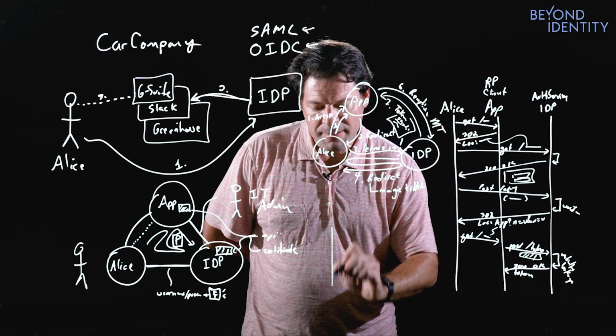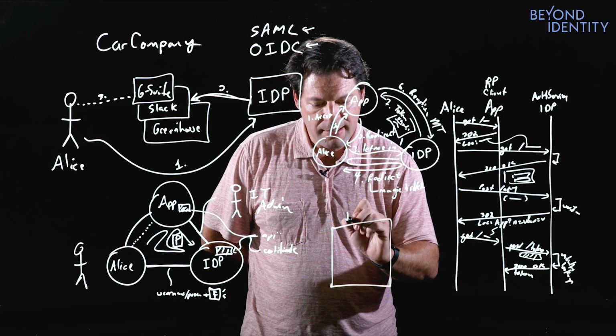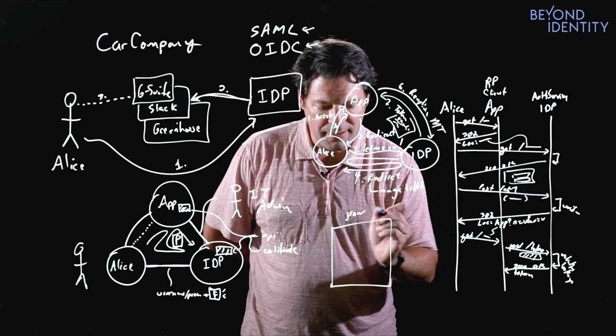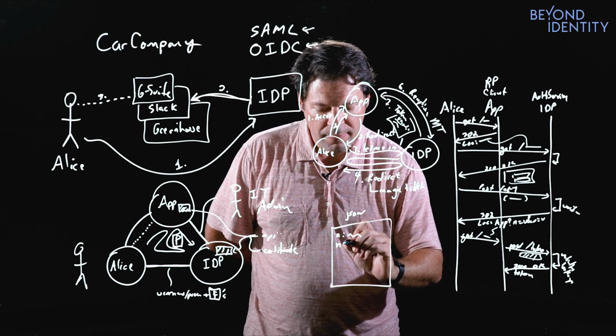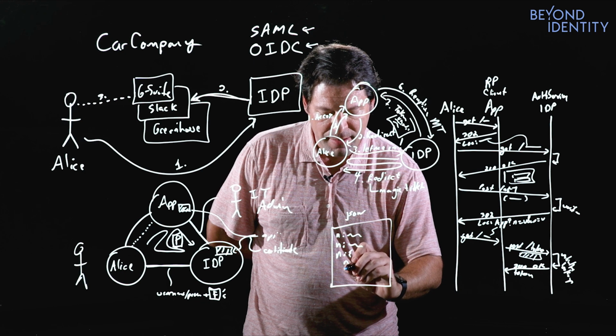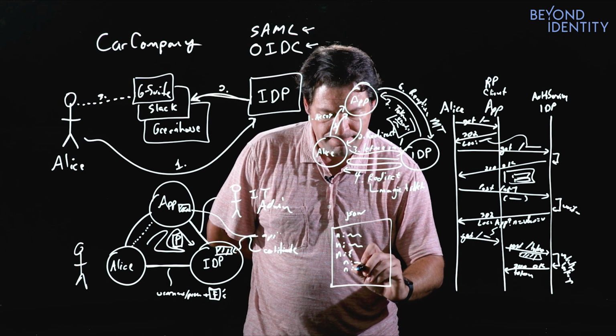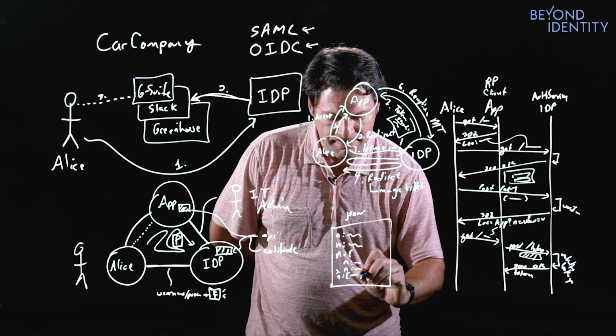Now, we keep saying token. What is a token? A token is a JSON object, which is really just a fancy way of saying, here is a bunch of name value pairs. Turns out some of these name value pairs can be nested. They can have lists. Right?